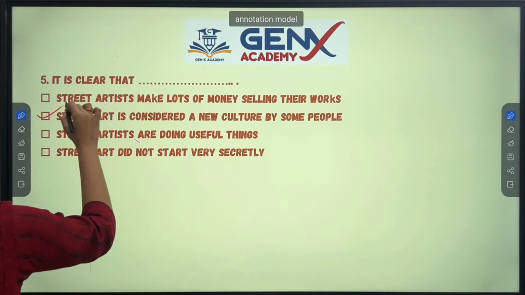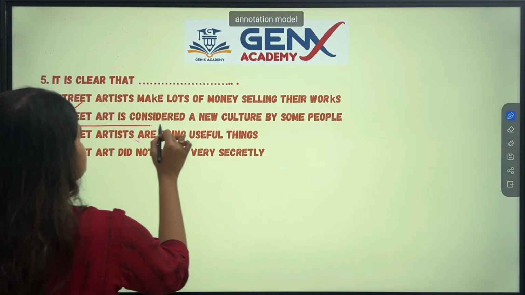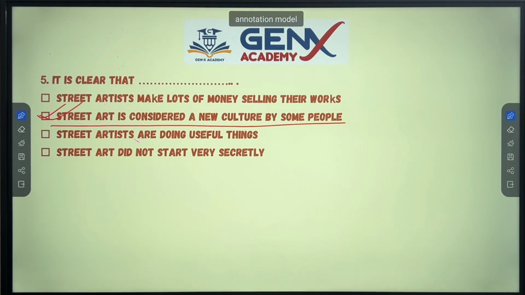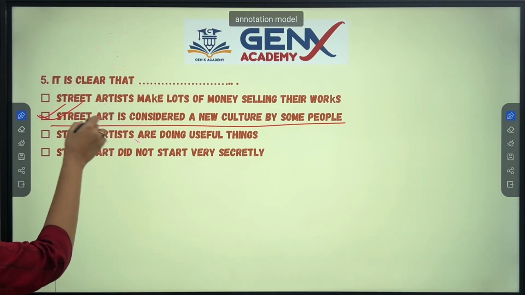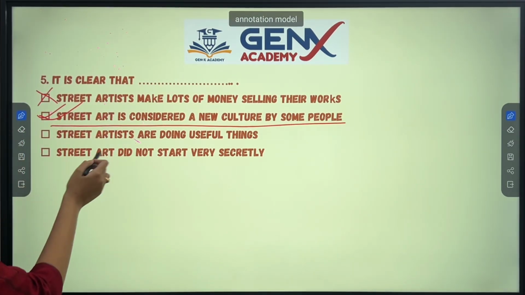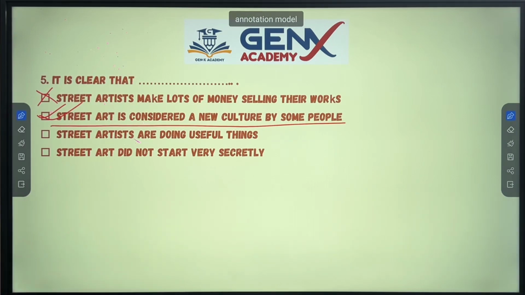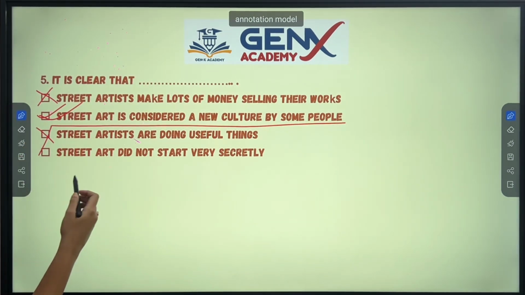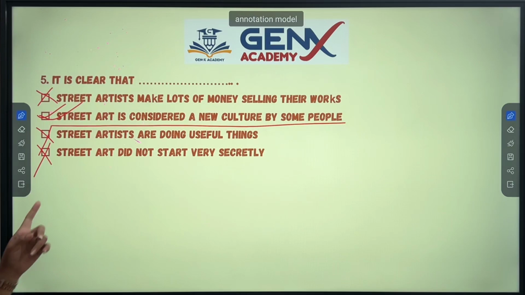It is obviously this. Street art is considered a new culture by some people. Because obviously street artists do not make money. Street artists are doing useful things or not, that we don't know. And street art did not start very secretly is also false. So here street art is considered a new culture by some people is the correct answer.